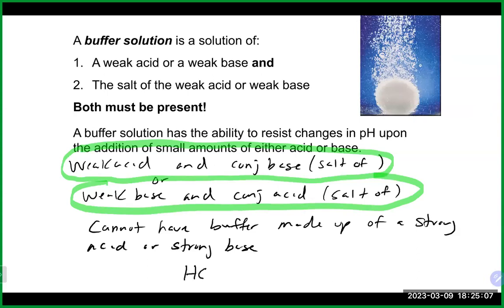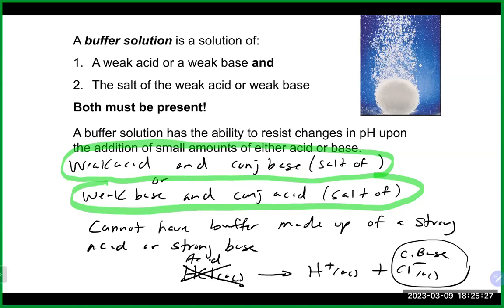So for example, if I wanted to make a buffer out of HCl, it is 100% going to break apart into H plus and Cl minus. Now, if we're talking about acid and base for a buffer, this is our acid, right? This would be our conjugate base. And frankly, in solution, none of this would exist. All you would have is a base, which means, as we'll talk about shortly here, it has no way to function as a proper buffer.